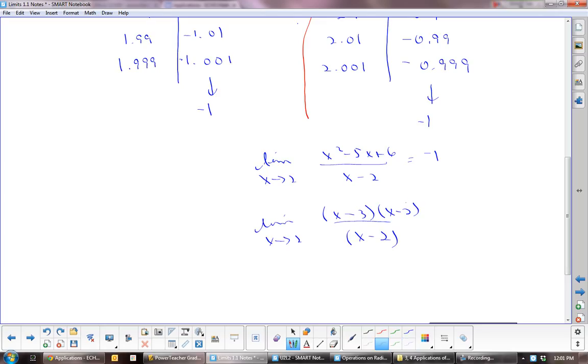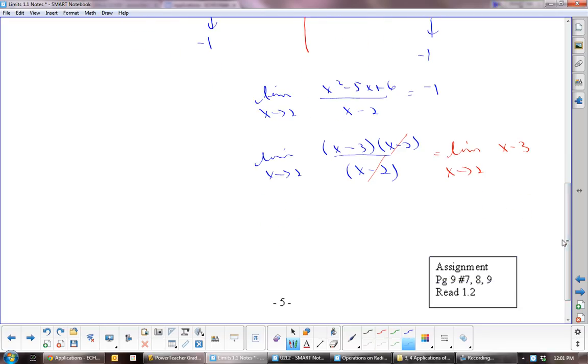This would cross out, and I would be doing the limit as x approaches 2 of x minus 3. Now I can substitute it in. 2 minus 3 equals negative 1. So the slope at point 2, negative 6 would be negative 1.